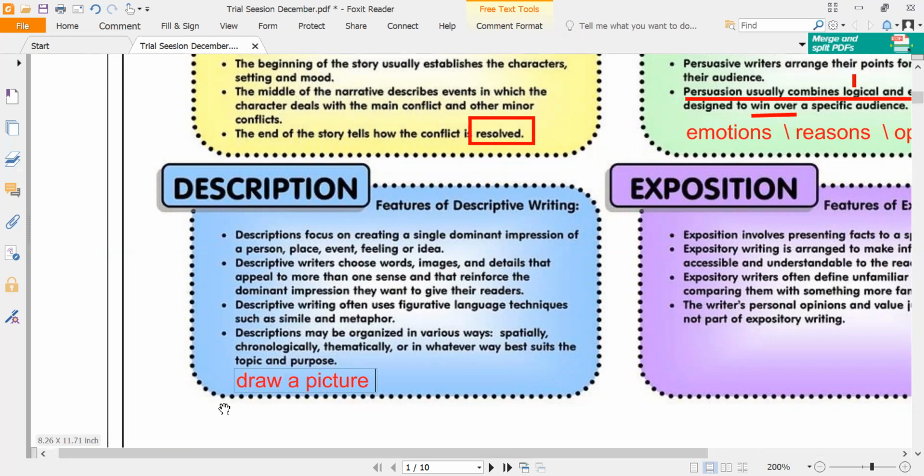Like, close your eyes, go deeply into your imagination, imagine a garden and describe it. Everything is imaginary, nothing is real. Okay? So you will bring the description of the garden into reality using what? Using words of description.